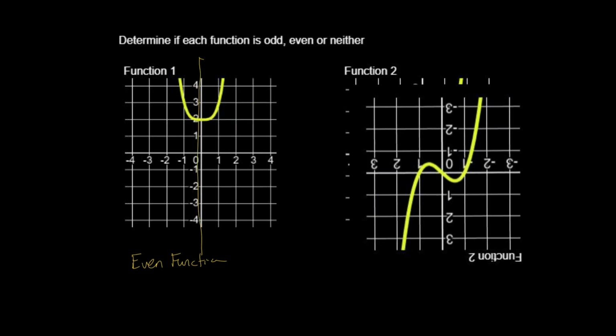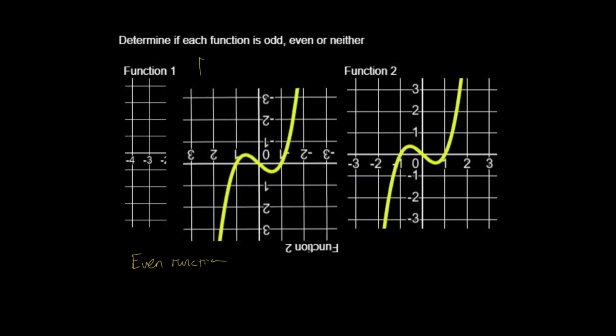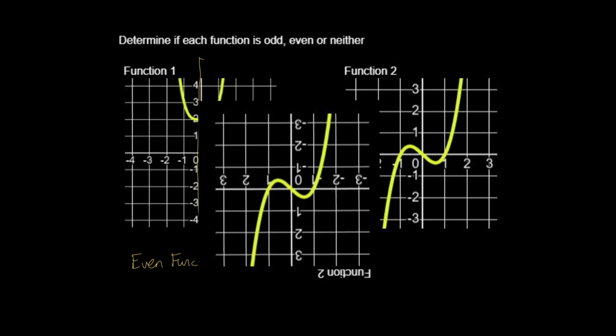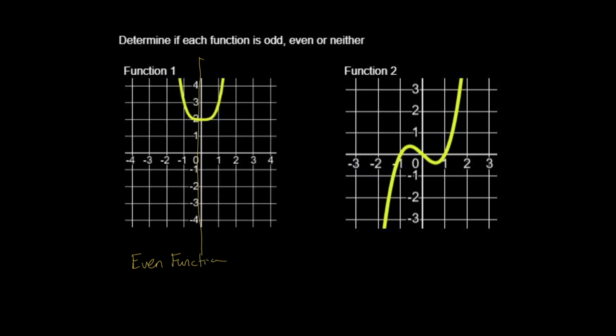It'd be nice if I could do a transparency with this. If I could, you would see that they line up perfectly. So because this graph is just rotated 180 degrees, spun all the way around, and would be in the same exact spot, this would be an odd function.